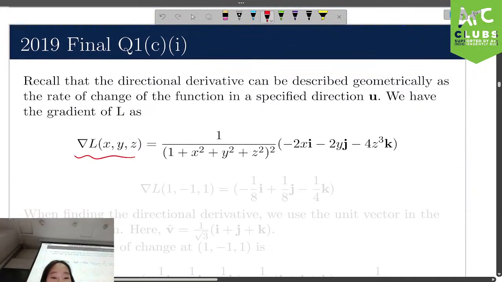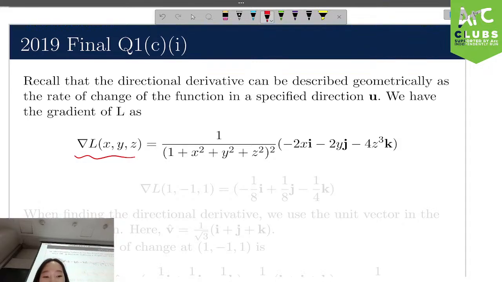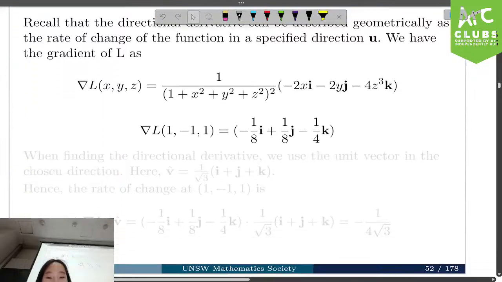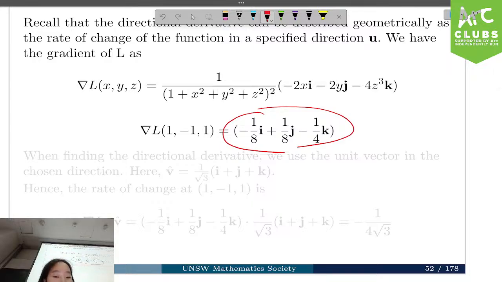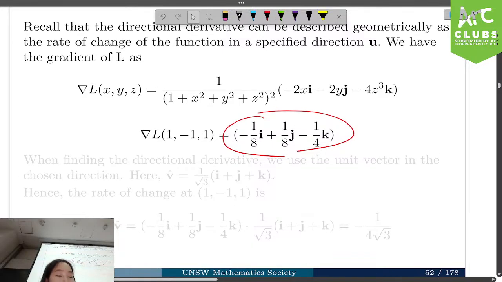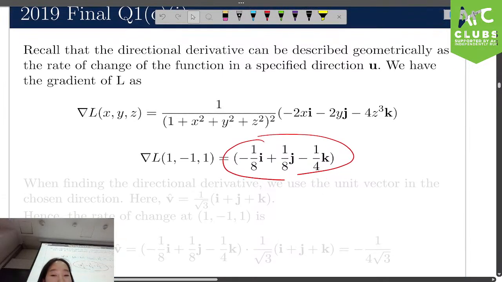Nabla L, I will simply take the partial derivatives with respect to x, y and z. If we do a bit of simplification, we get negative 1/8 i plus 1/8 j, take away 1/4 k.